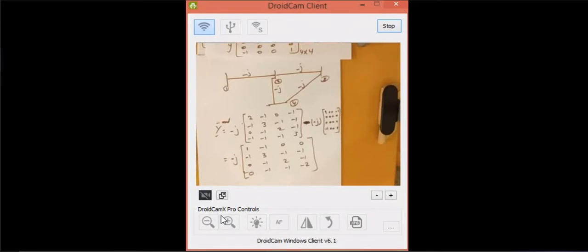Now let me say that for this one I have this matrix.